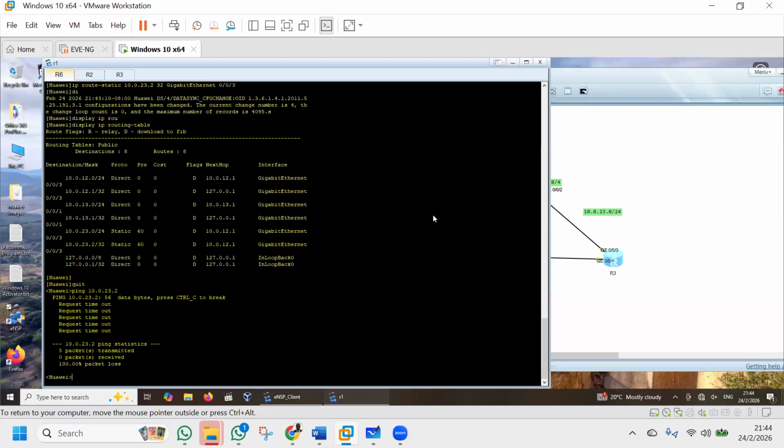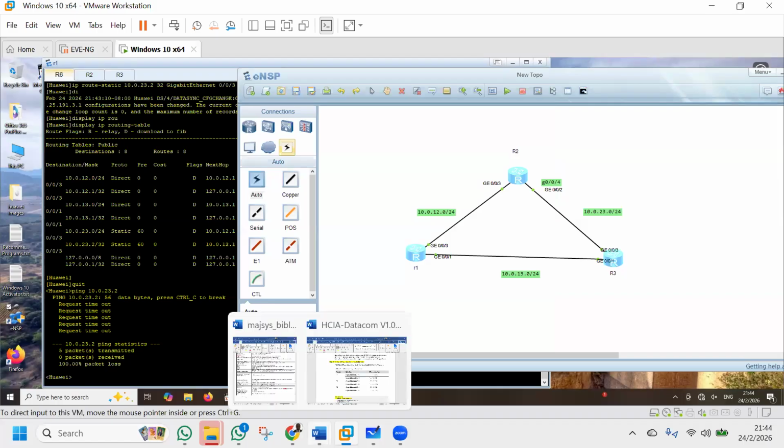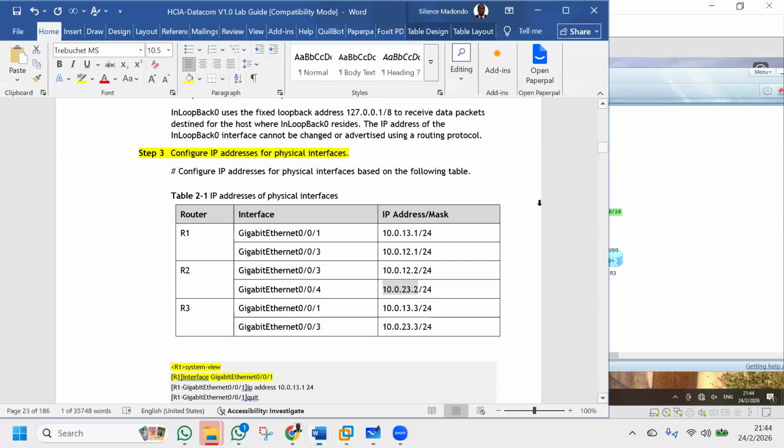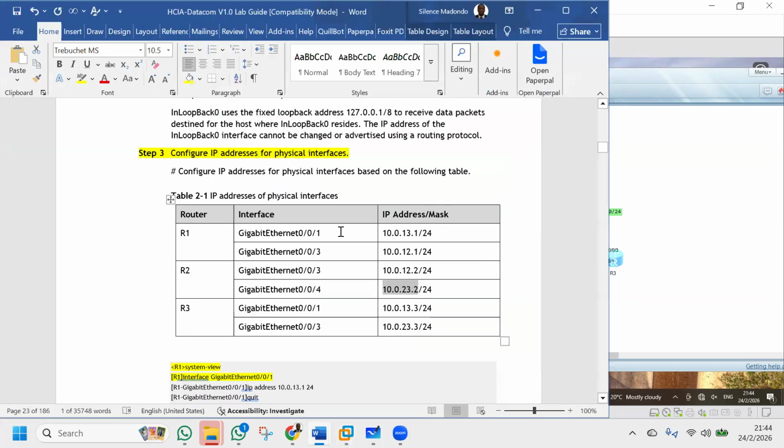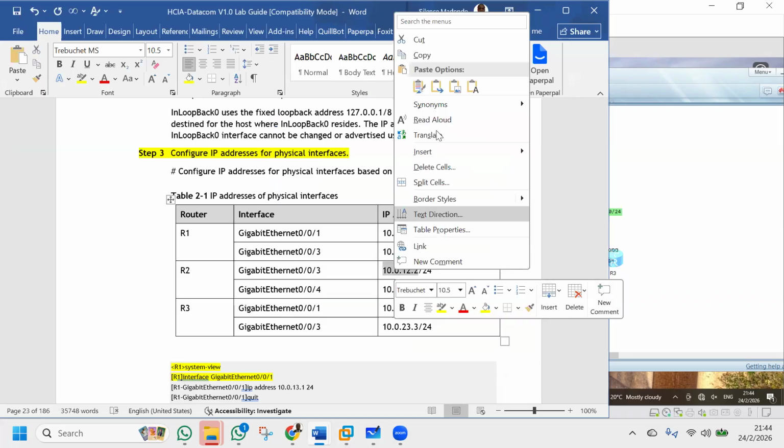So let me try to ping. Usually we do. So R2 0/0/3, we can ping that. This one we can ping that. It's a directly connected network.